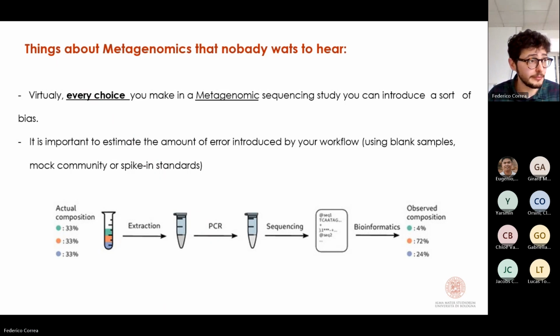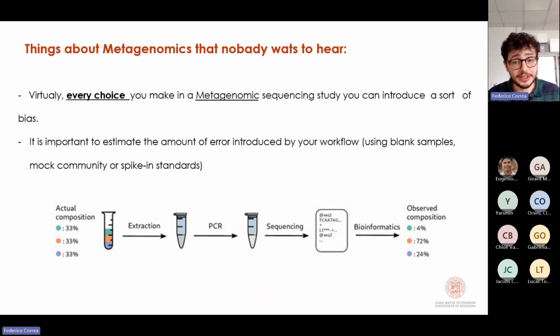So we can use like sterile water, treat it as a sample and pass it through each step of the workflow. This will allow us to have an estimation of the contaminants that we have in our workflow. So contaminants can be present, especially in the extraction kits.